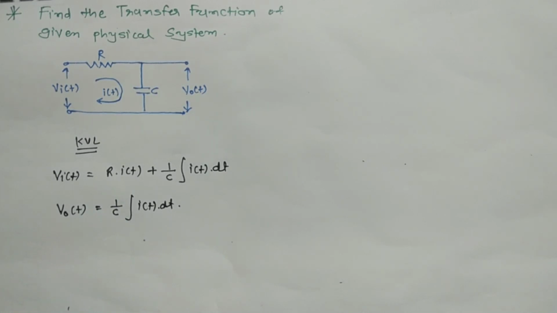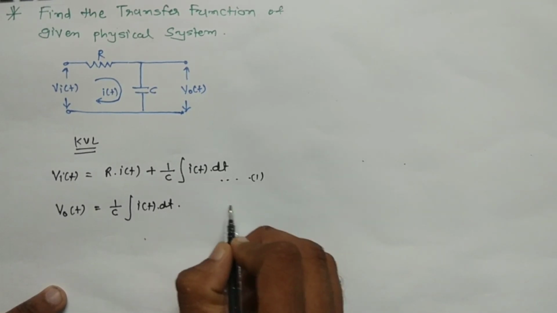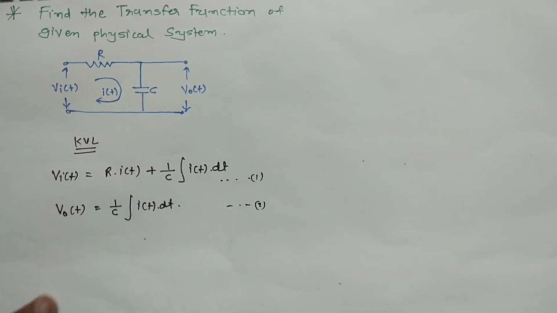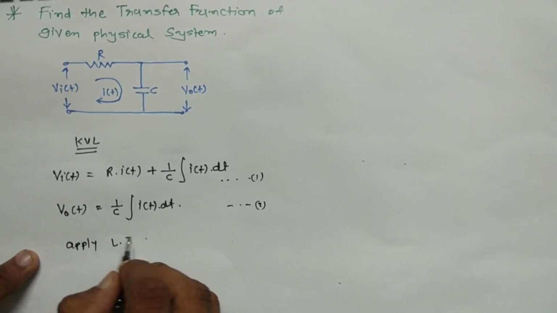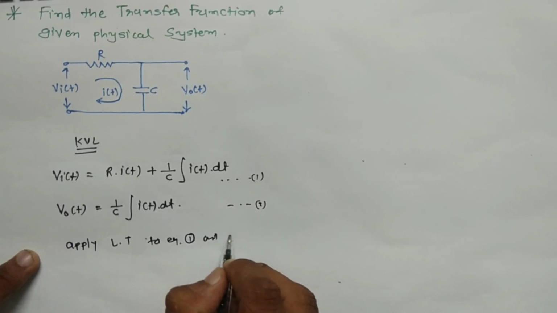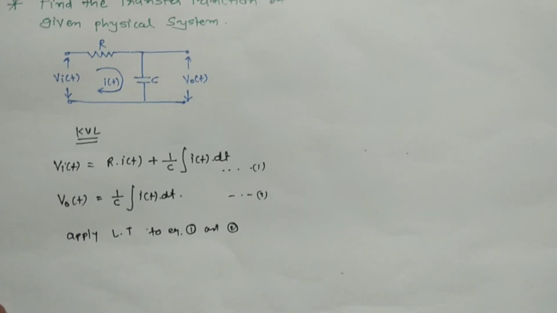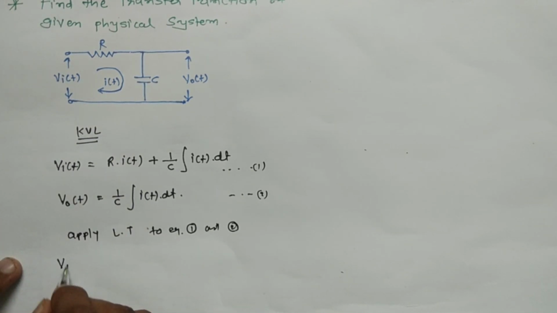Now, we already discussed the definition of Laplace transform, so that is our first equation and that is our second equation. Apply Laplace transform to equations number 1 and 2. Then we can write the Laplace of Vi of t is given by Vi of s.